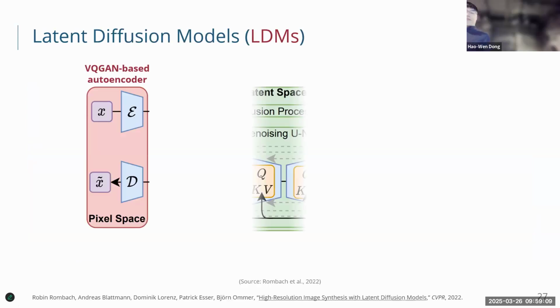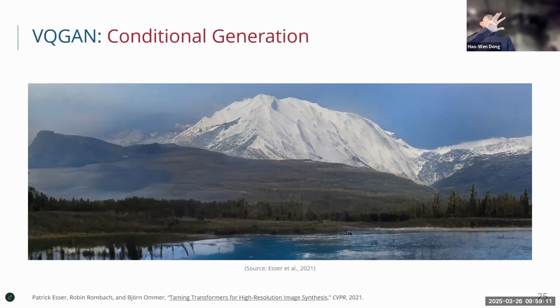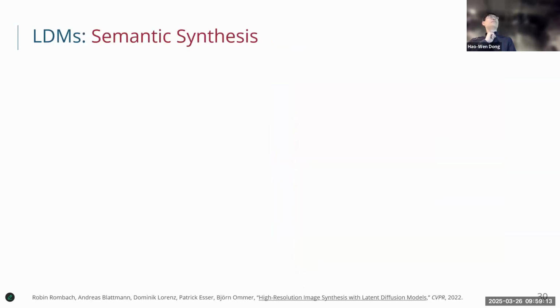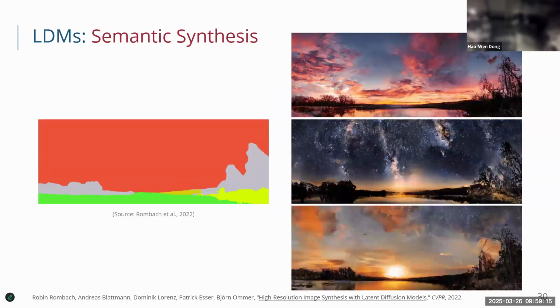But that's VQGAN, not the latent diffusion model. Now we have latent diffusion models. Then you look at this. These are reflections. It doesn't match, but at least for this part, it tried hard to match, and at least at the boundary it's doing the right thing.